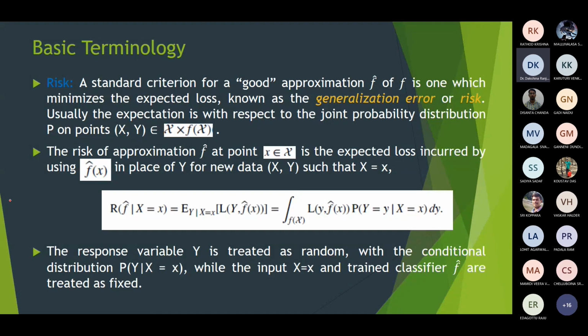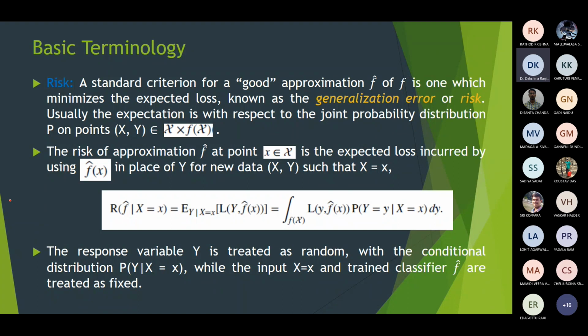The standard criterion for a good approximation of function is one which minimizes the expected loss. If we obtain the expected loss, then it is our task to minimize the risk of that loss, and this is known as the generalization error or risk.